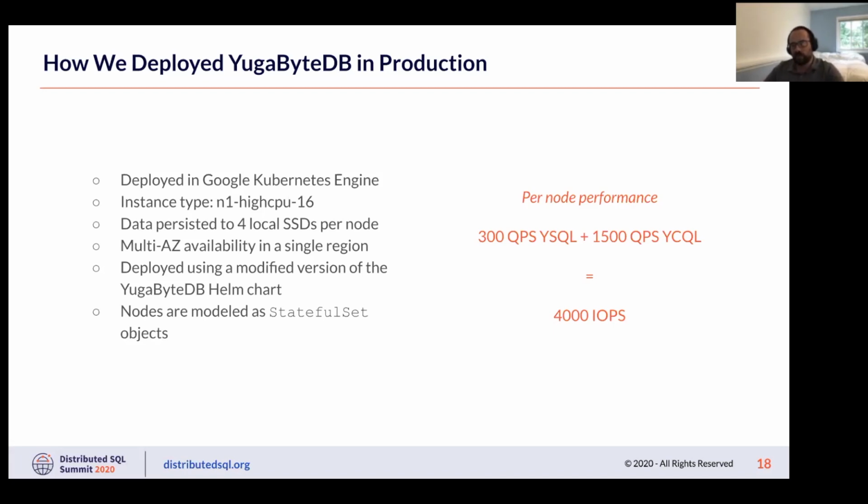So in the end, with this type of deployment, with these nodes, and with the workload that we have, our current per node performance is about 300 queries per second of the SQL interface, and about 1,500 queries per second of the CQL interface, which translates to roughly 4,000 IOPS per node. And we found that this is pretty linearly scalable for us. So we obviously run more than one node, but this is translated linearly throughout.